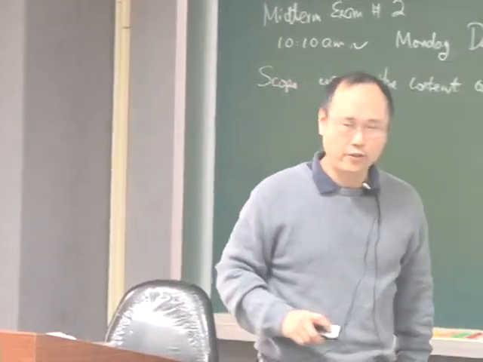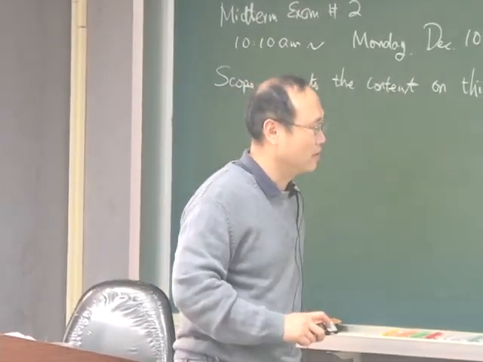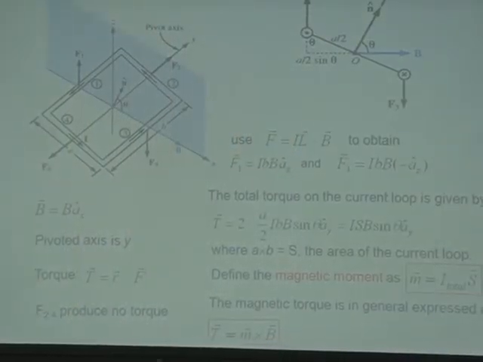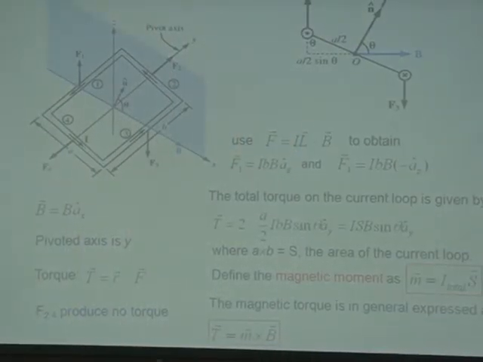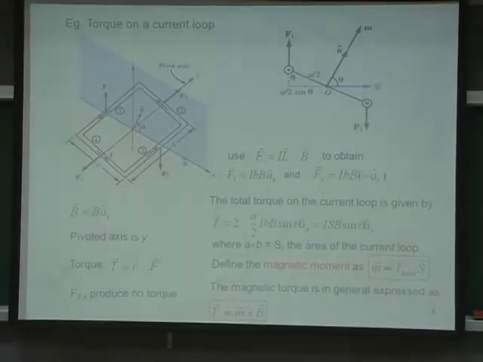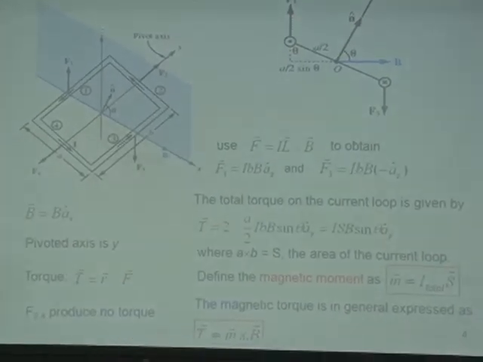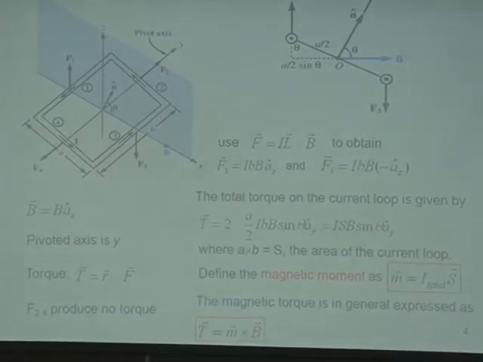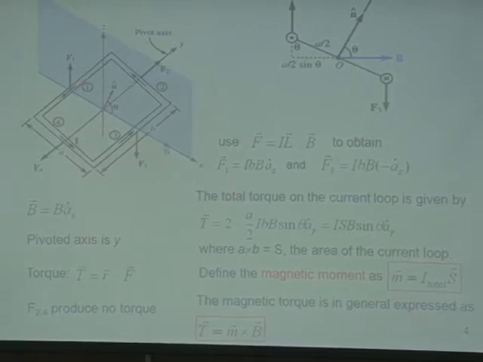So last time we finished our lecture with this formula. Basically it tells you that if you have a motion of charges in a magnetic field, then the charge is going to feel a force. If you send a current into a piece of wire, the current comes from the motion of the electrons.